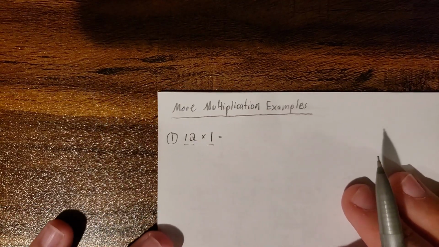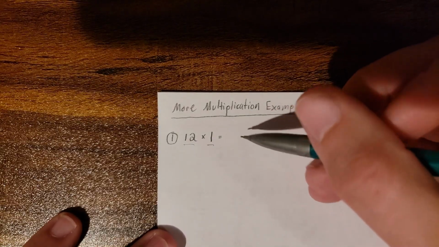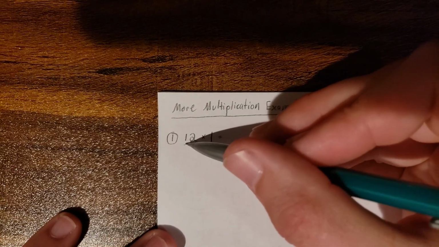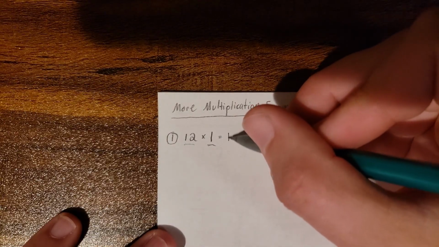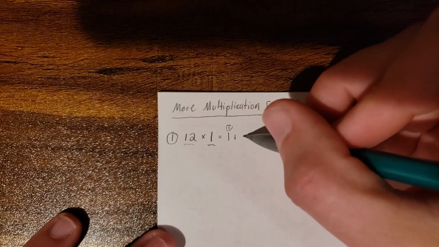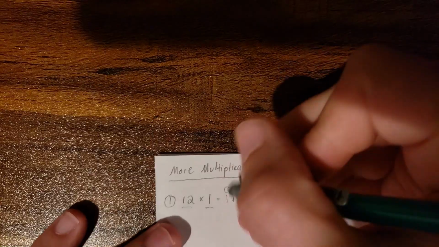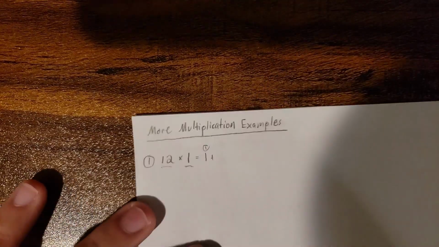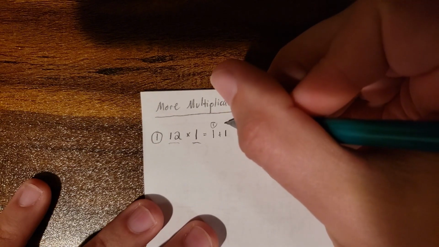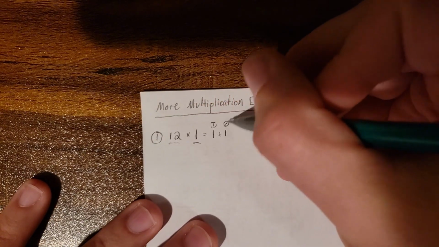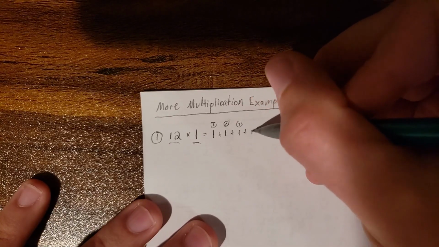Now this should be pretty straightforward. We have 12 groups of 1. So we're going to have our first one, our second one, this is going to be a lot of ones. We got first one, second one, third one.